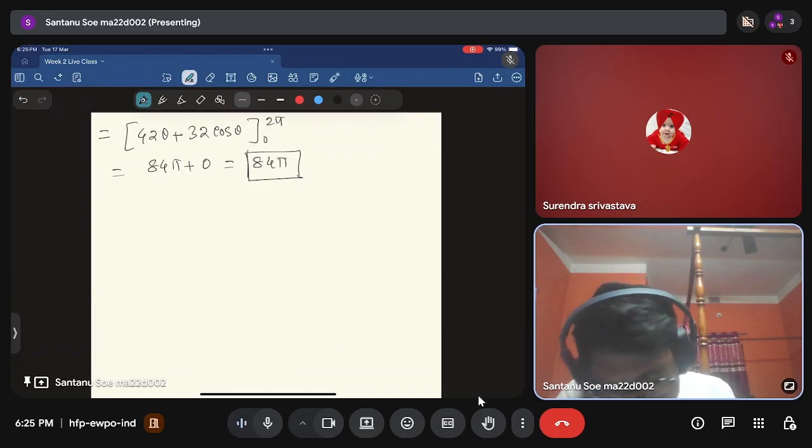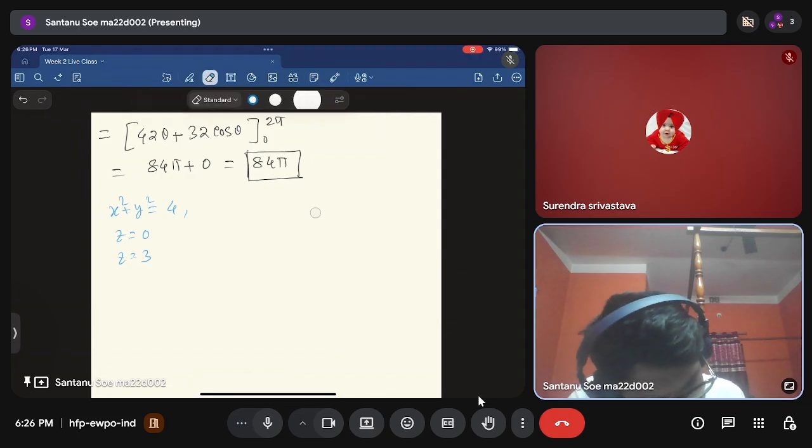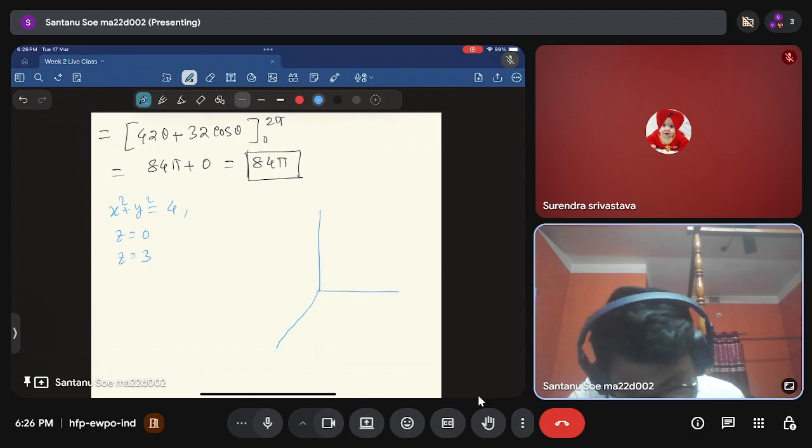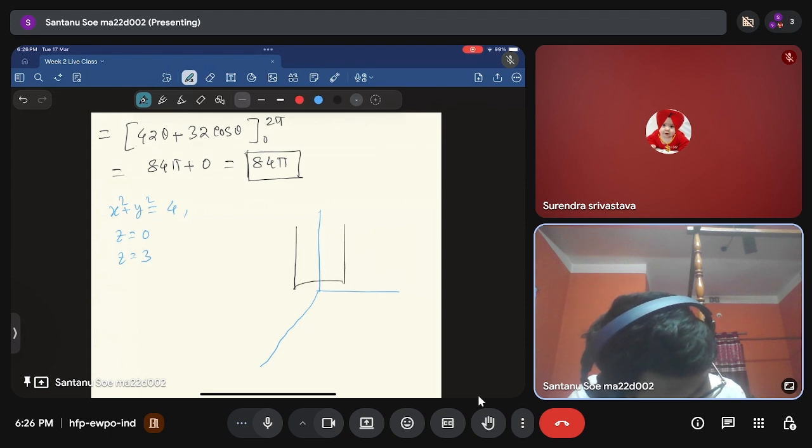So now you see that our surface was like this: x square plus y square equals 4, z equals 0, and z equals 3, correct?